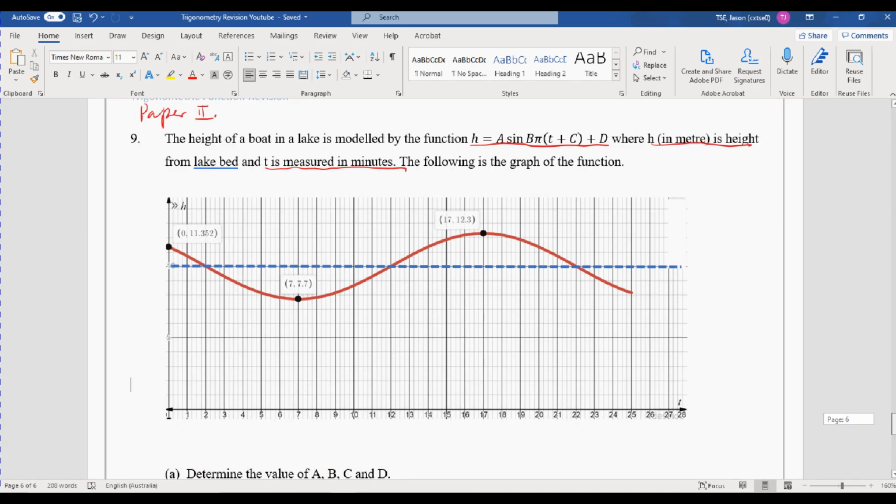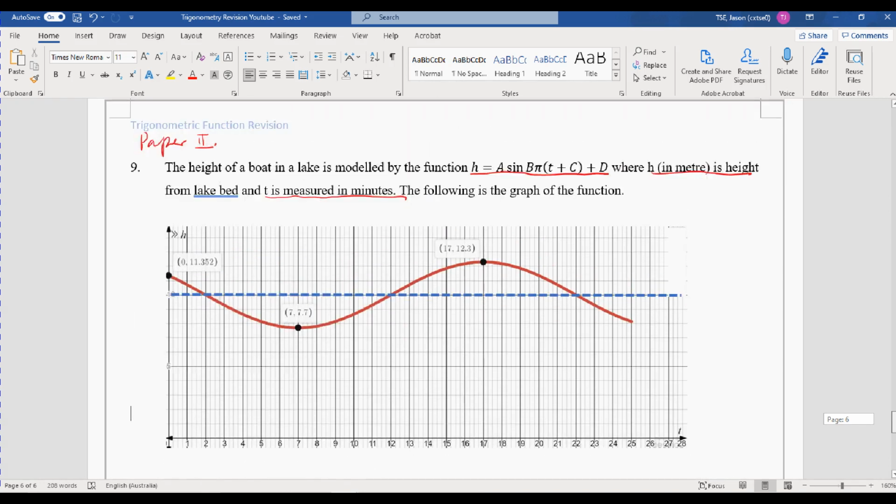Then we need to look for other rather obvious values. Let's look at amplitude. So where's the amplitude? Amplitude is right here. But there's some problem there.